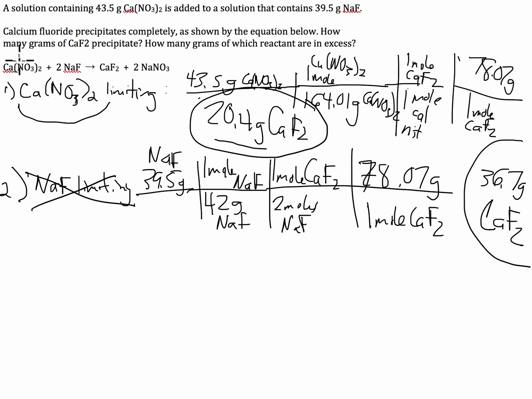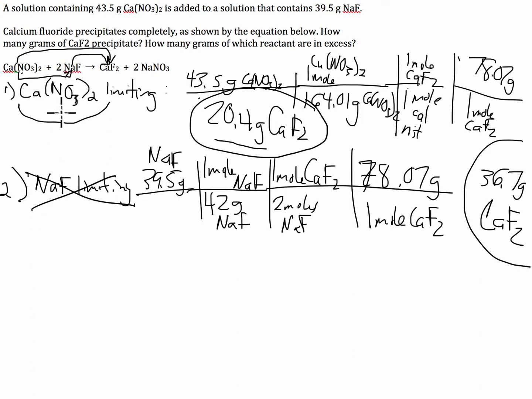In the first part, we looked at this reactant and this product, and we looked at this reactant and this product. Now what we're going to do is say if all of this reacts, how much of this reacts? So now we're looking at one reactant in relationship to another.